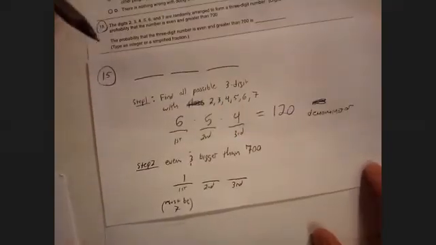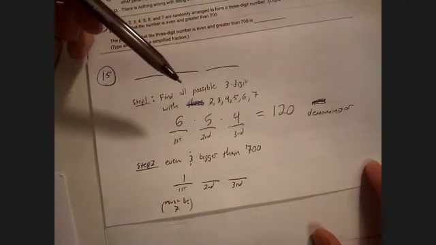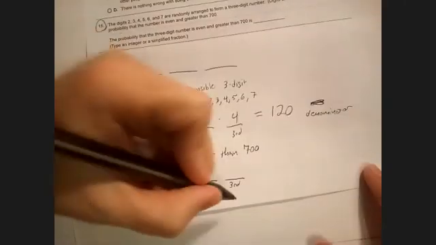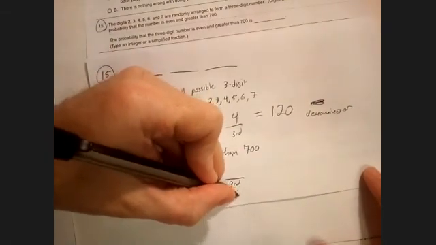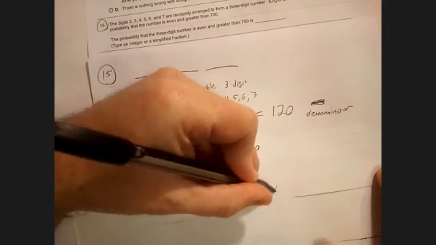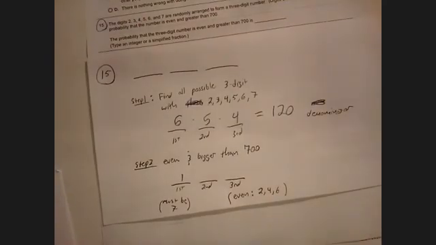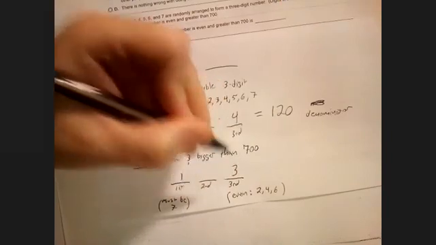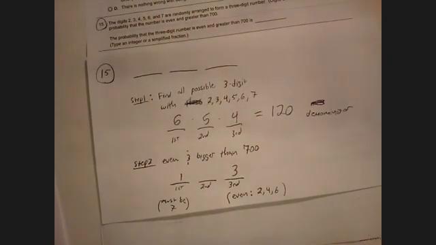If a number is even, then it ends with an even number, 0, 2, 4, 6, 8. So even means it must end with 2, 4, or 6, given the digits I have in this problem. So I have 3 potential candidates for the last number.